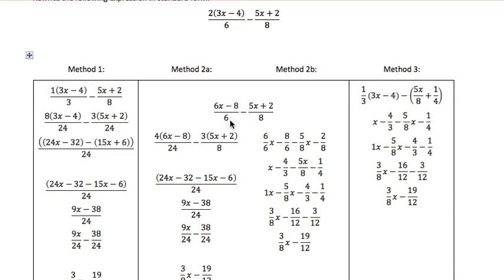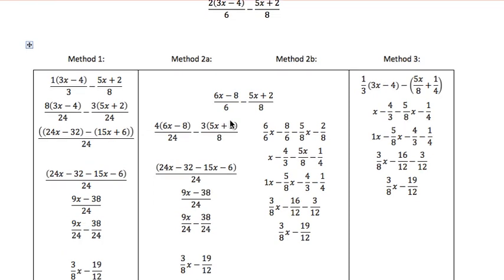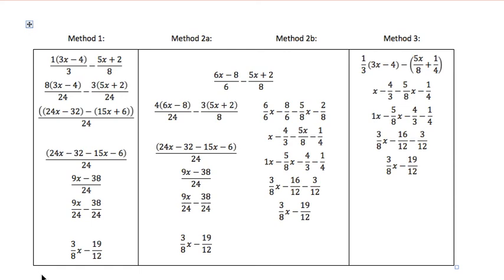But at this point, you probably need to determine which one you're most comfortable with and then stick with it. Your final answer will be 3x minus 19/12, or 3x plus negative 19/12.